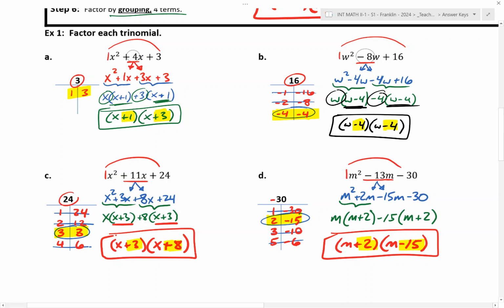You might be thinking, why didn't we just skip all that work in the middle and go straight to the answer? And the answer to that question is you can do that. But this only works, that it's the exact same numbers, when you have a leading coefficient of 1. And all of our problems on this section of notes had a leading coefficient of 1. They all started with 1x squared or 1w squared or 1m squared.